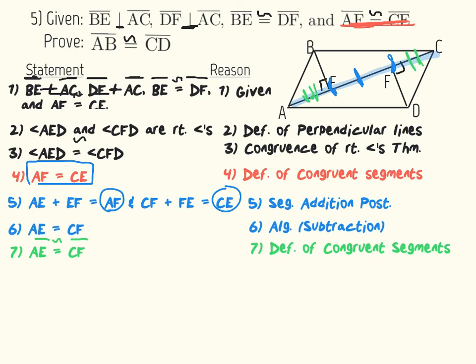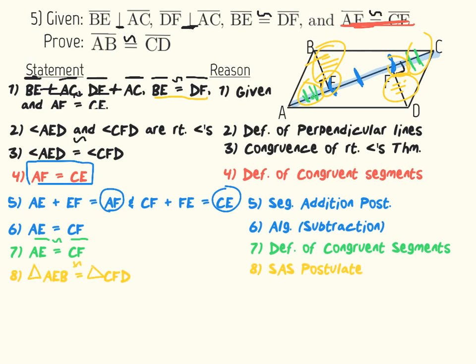The next thing to look at is the fact that I have not used my BE as congruent to DF. So DF is right here and BE is right here, and they are congruent. So now what I have is side, angle, side, side, angle, side. So I can say those two triangles are congruent as well.